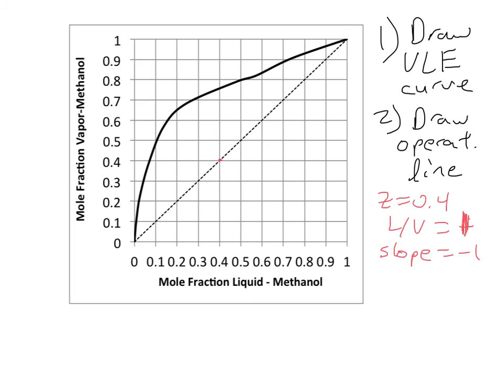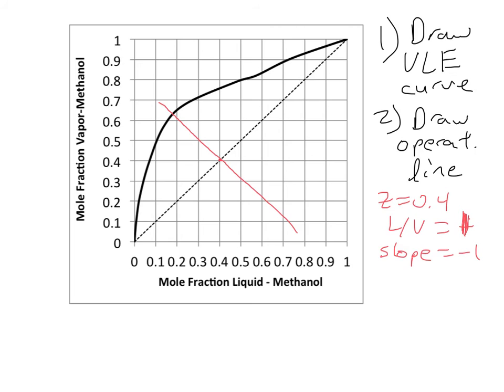So that's z equals 0.4. That's where y equals x equals 0.4. And then I have to draw this line here. Let's see if I can draw this straight. Something like that. So that is my operating line for a value where the feed value is 0.4, and the L over V ratio is 1, giving me a slope of -1.